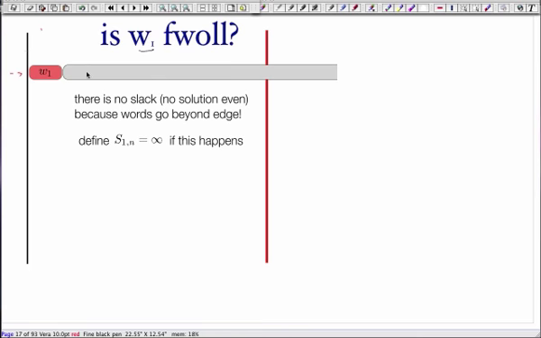And conceivably, in this situation, slack is negative. In fact, the set of words go over this margin. We can handle this situation by just defining, since the first rule of typesetting is you can't go over the margin, whenever a slack goes over the margin, we'll define that term to be infinity.